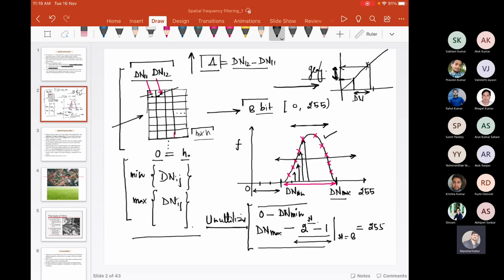We have the luxury to use these unutilized DN bands. So we can stretch it. In that case, DN min comes to 0 and DN max goes to 255.